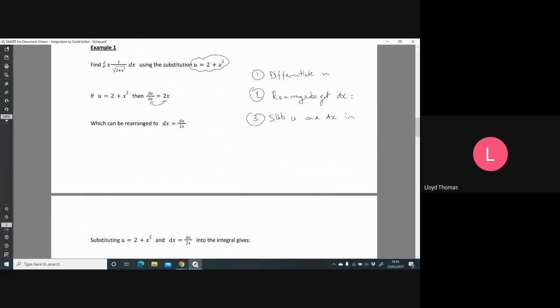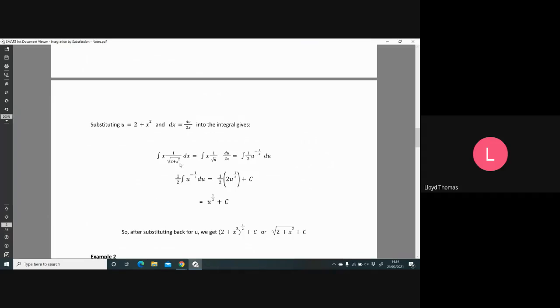Now, in my original question, that was up here, x times 1 over this square root here, which is now down here. I want to substitute in this, and I want to substitute in this wherever possible. So 2 plus x squared was the bit underneath the square root.